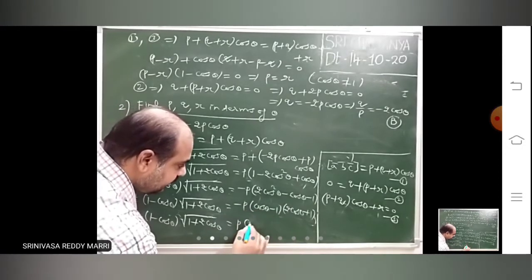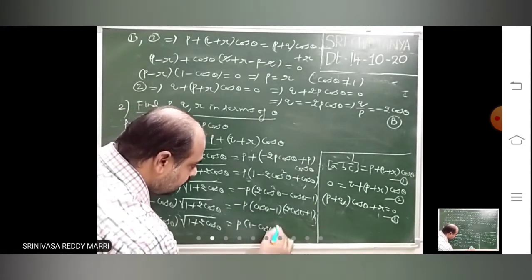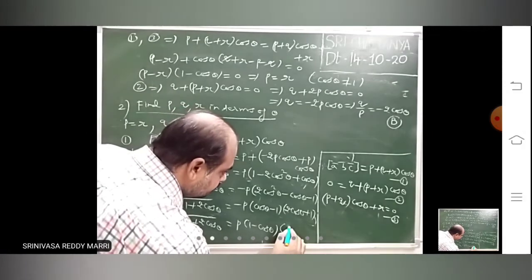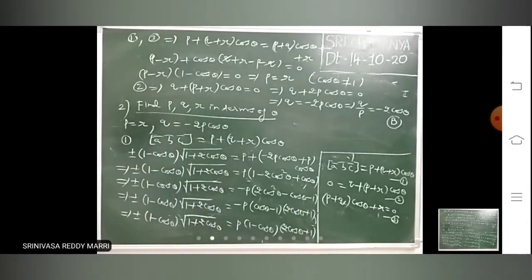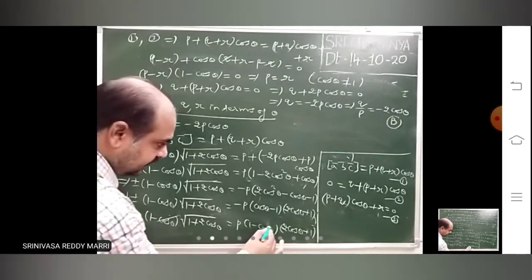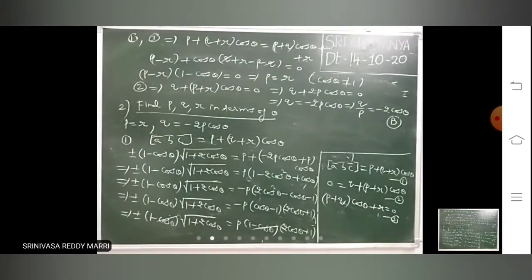This minus you multiply here. This 1 minus cos theta will get cancelled.